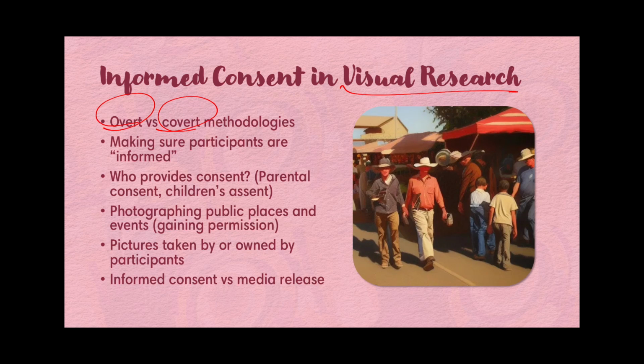Second, making sure that the participants are informed. And this is, again, very important, that informed means that they have been told of the different tenets of the study, from the objectives, the procedures, the risks, their rights for privacy and confidentiality, and the responsibilities of the researchers. But informed also means that they were able to comprehend the details of the study.